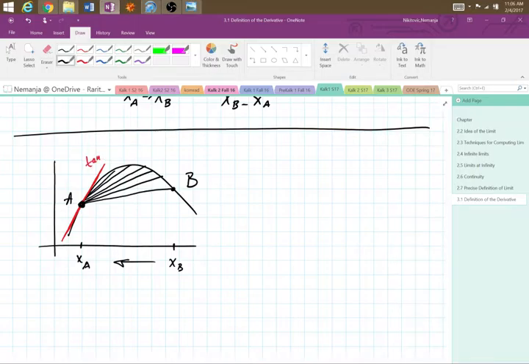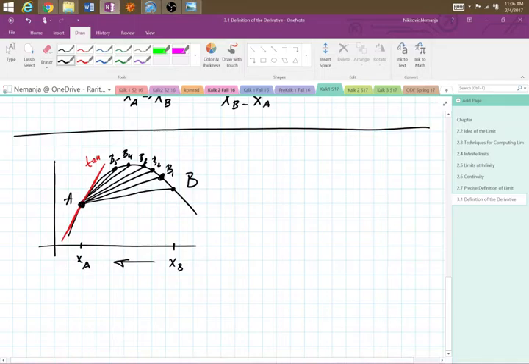So all of these over here are the new iterations of B as it travels along the function to collide and reach A and then create that new line.